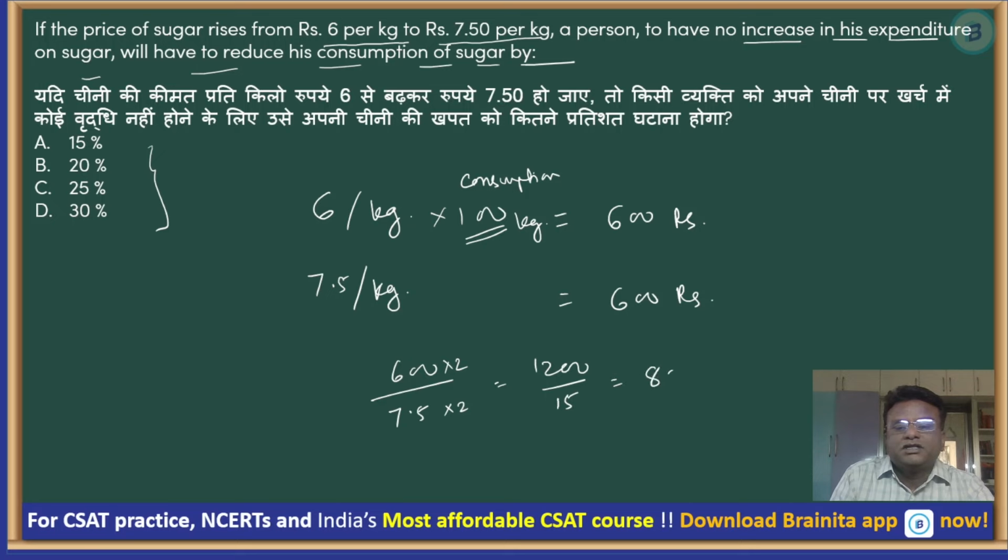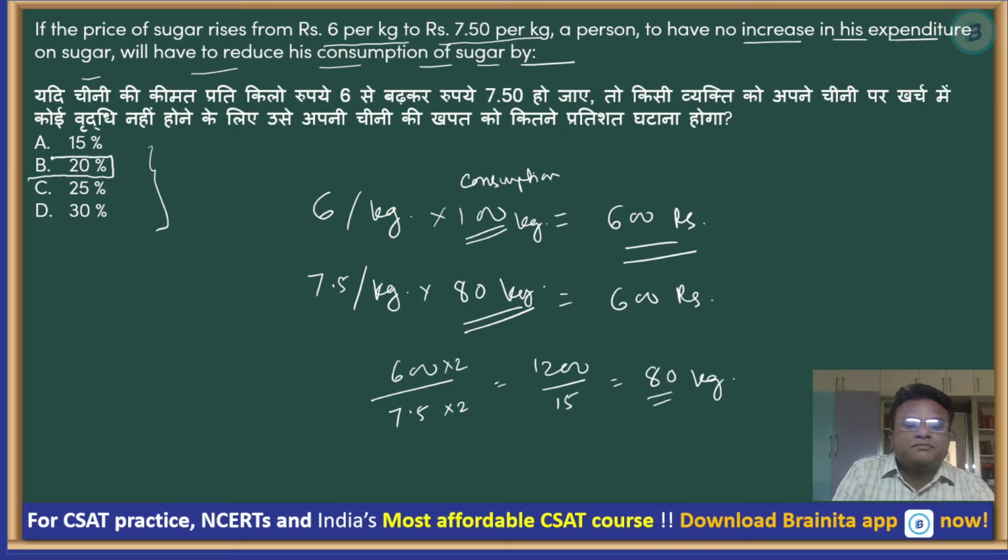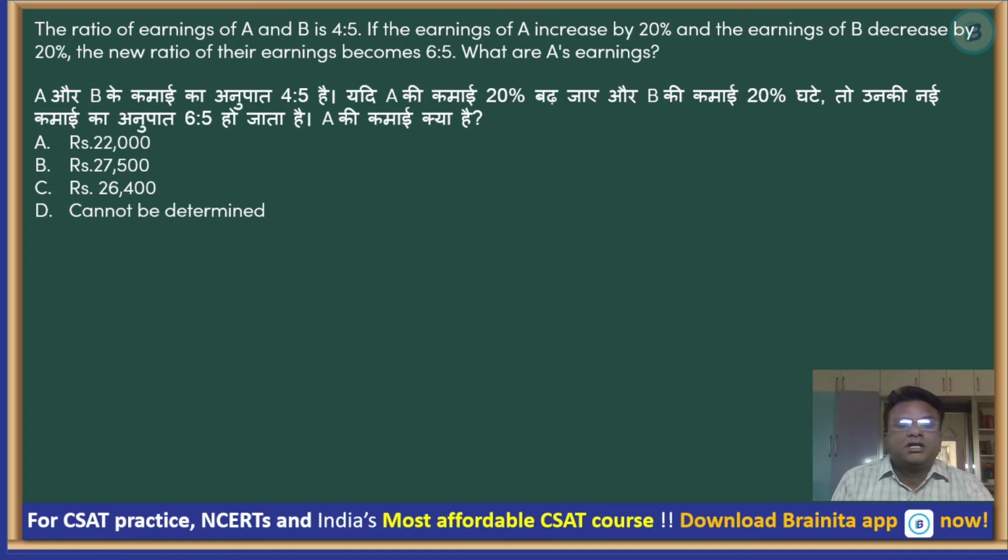So this is 80 kg. To keep the expenditure the same, the consumption has to go from 100 to 80. That means a reduction of 20%. That's our answer, option B. Very simple question again, helpful for understanding the concept. Let us move to the next one.